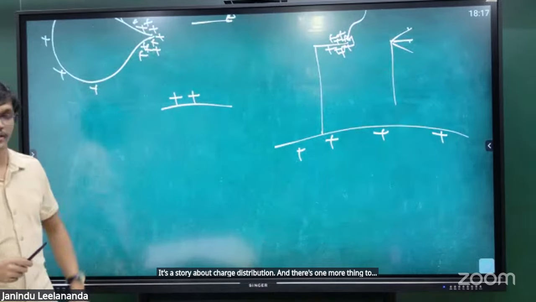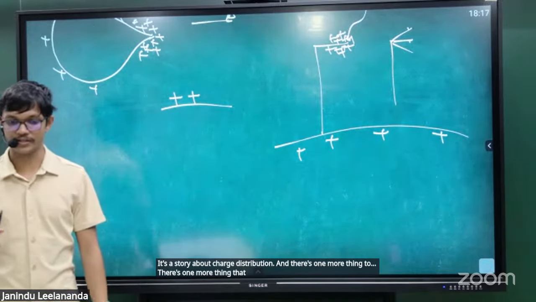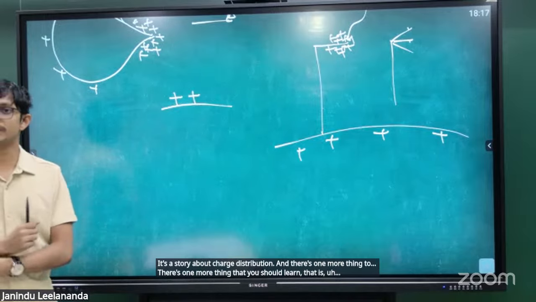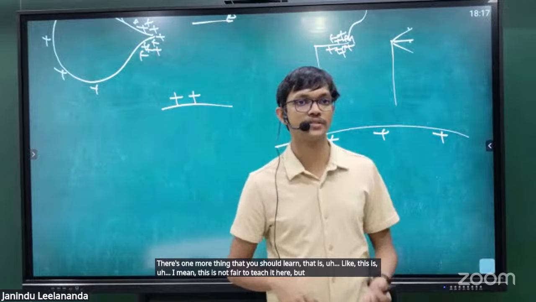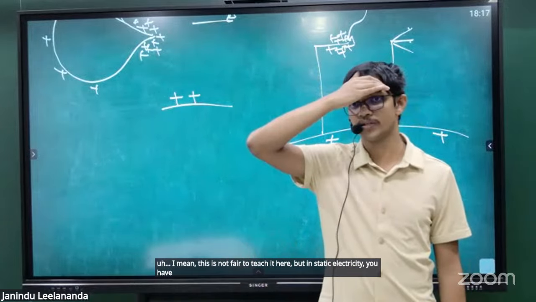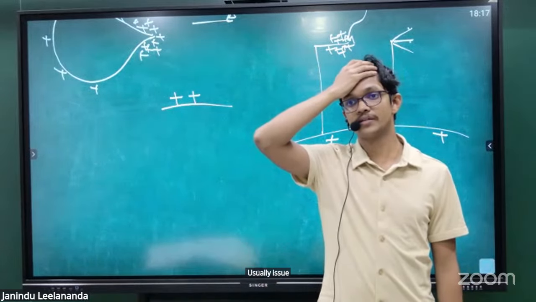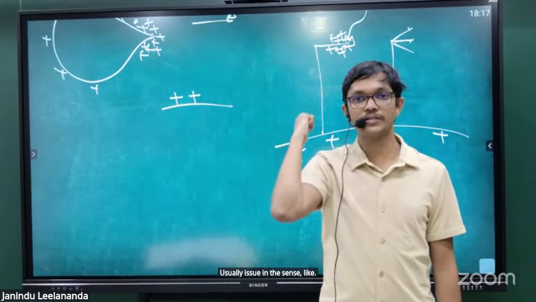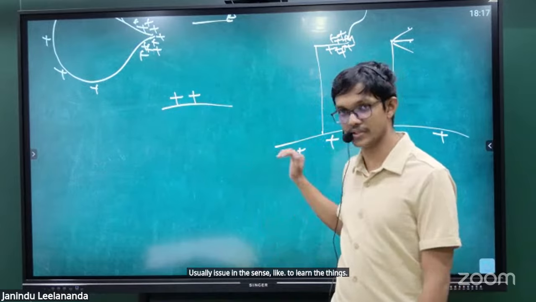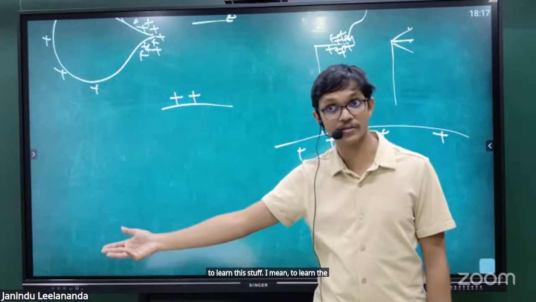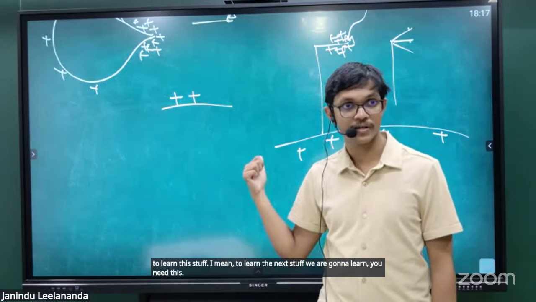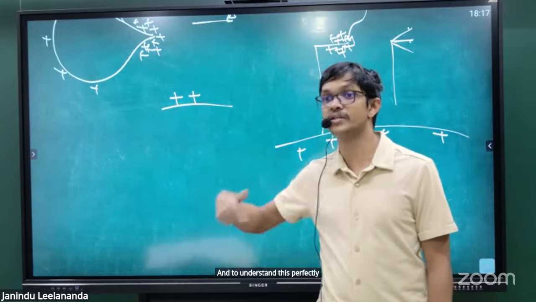There's one more thing that you should learn. This is not fair to teach here, but in the static electricity lesson you have that usual issue. To learn the next stuff we are going to learn, you need this, and to understand this perfectly, you need them.